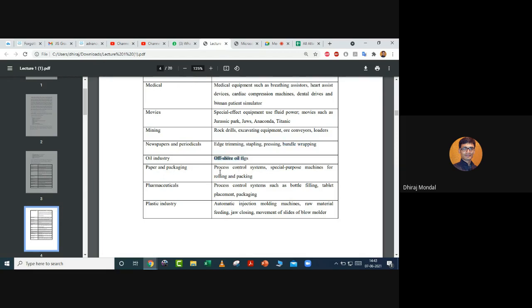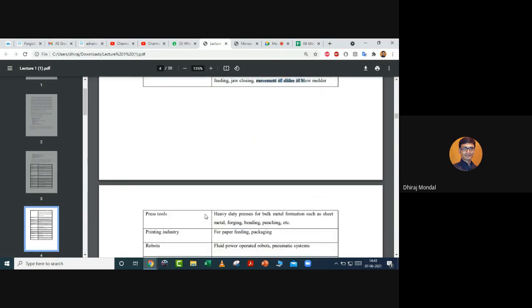Paper and packaging industry: process control systems, special purpose machines for rolling and packing. Then in the pharmaceutical industry, you can see process control systems such as bottle filling, tablet placement, packaging.